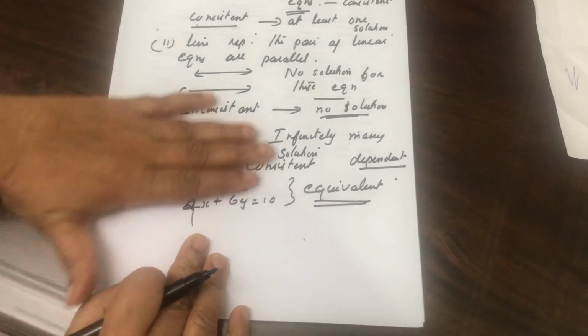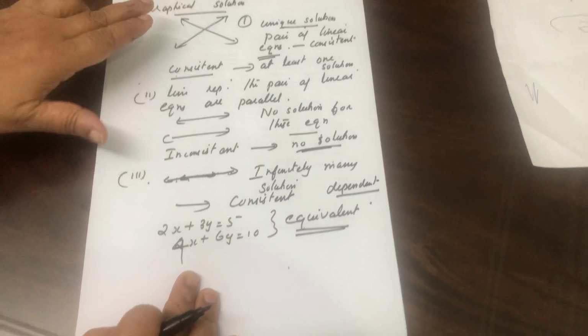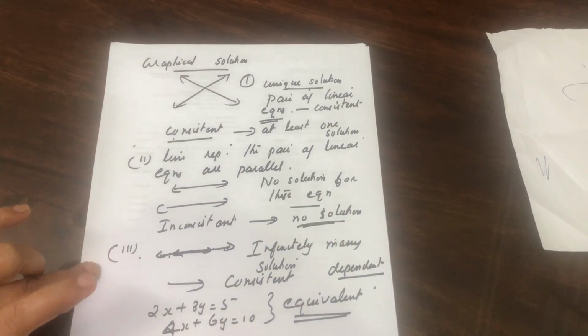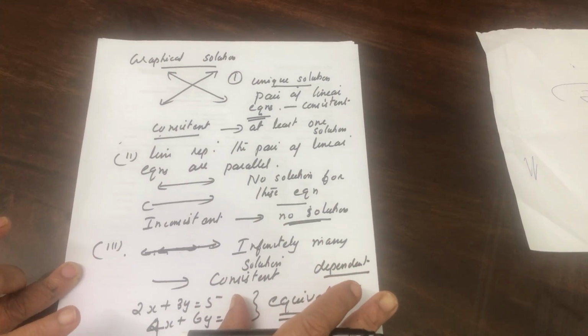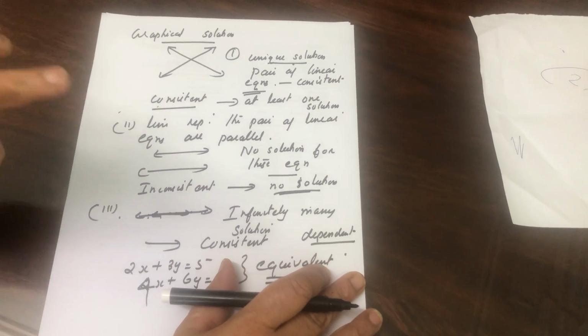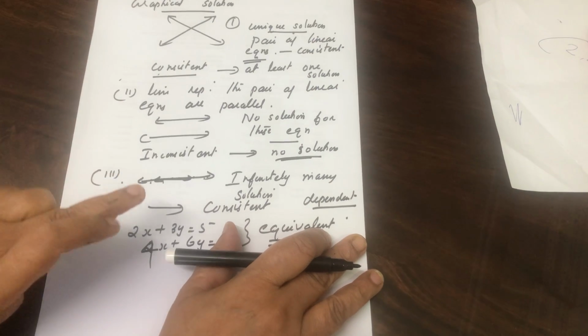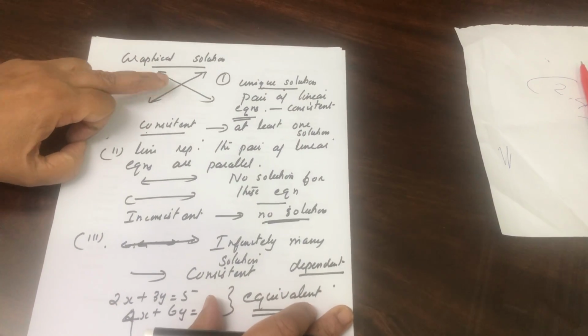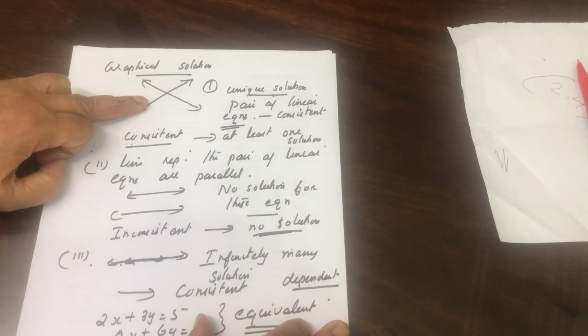Okay, now once again I will explain the graphical solution. For two lines in a plane, there are three possibilities. One, the lines can intersect; second, the lines are parallel; third, the lines are overlapping. First let me explain when the lines are intersecting.